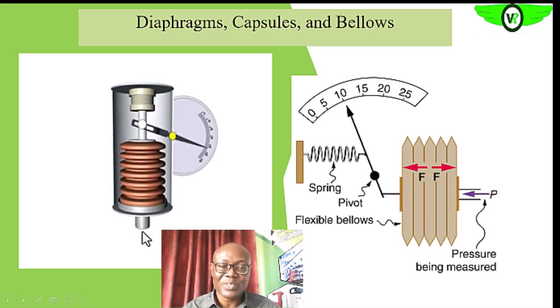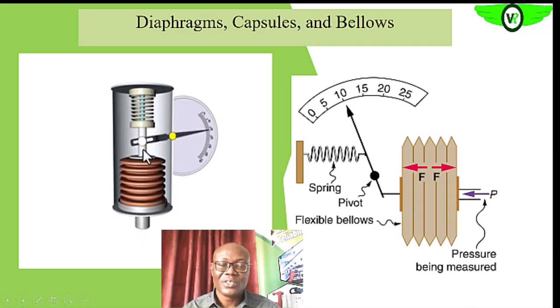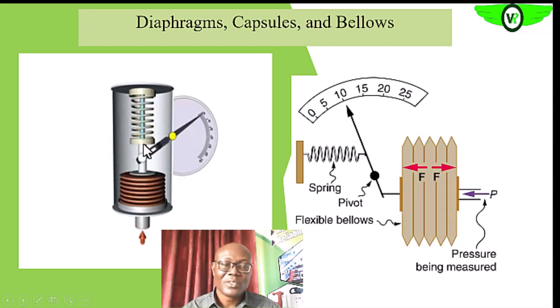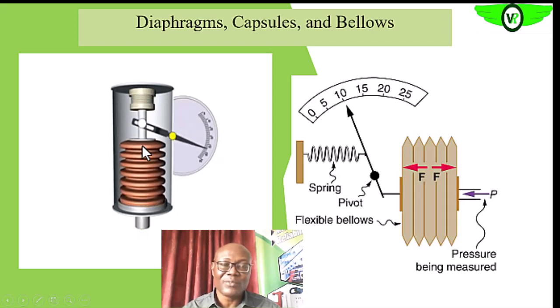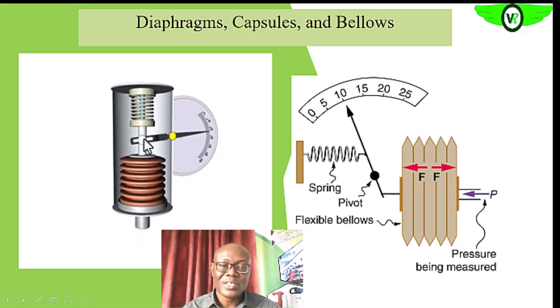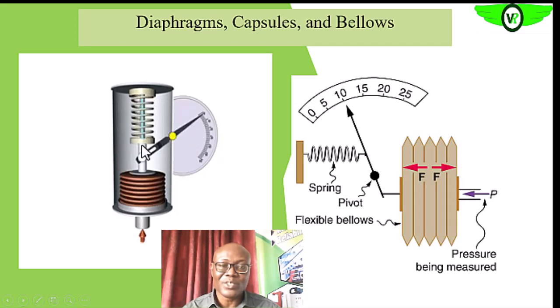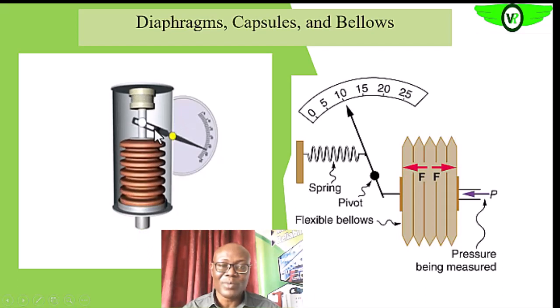So as pressure is exerted, you see it stretches, okay, it opens up, stretches out. And then since we have the spindle attached to this lever that is attached to the bellows, as the pressure increases, it moves up, and that is registered on the spindle.